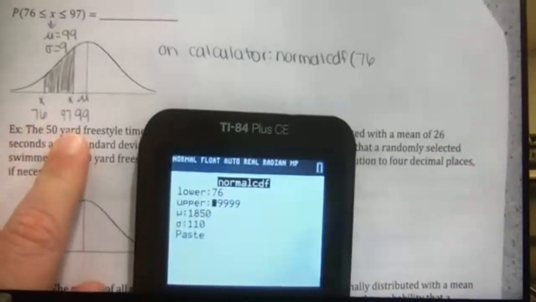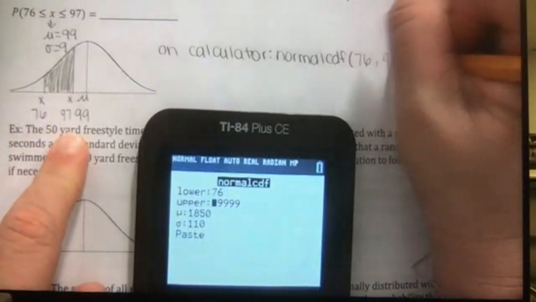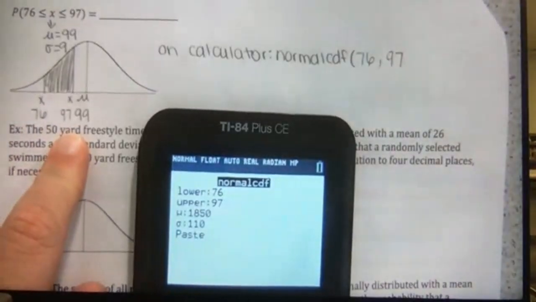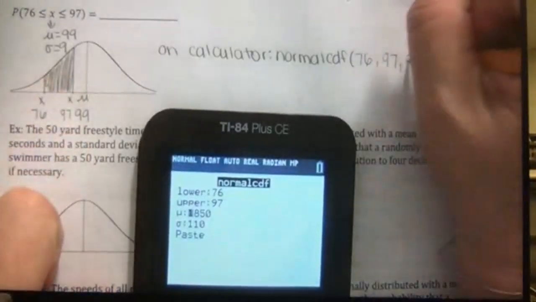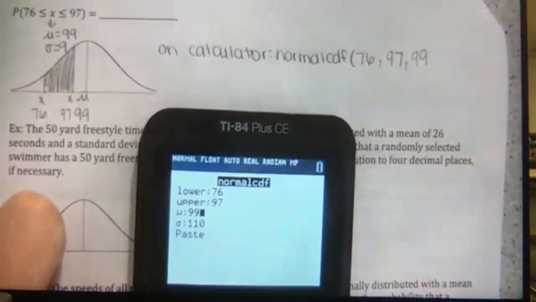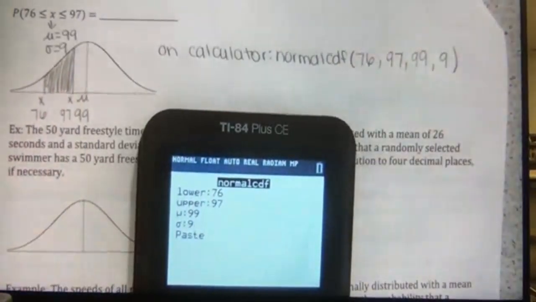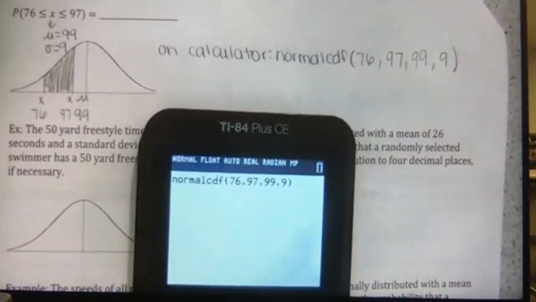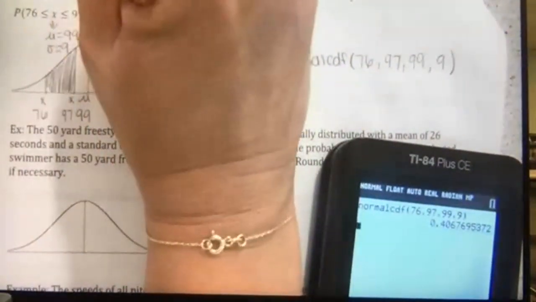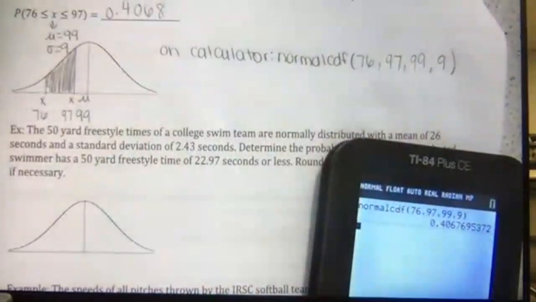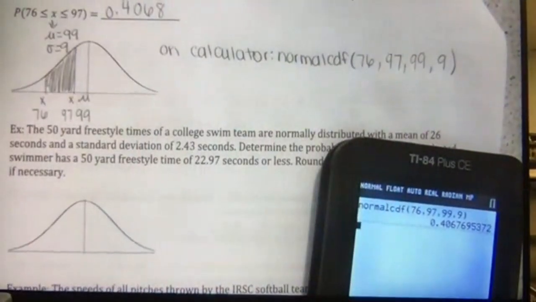Our upper limit, looking at the right-hand side of our shaded area, would be 97. Our mean, they told us in the problem, is 99. And our standard deviation, they told us in the problem, is 9. So nothing's new. Our calculator does all of the hard work for us, thankfully. Boom, there's our answer. 0.40676, which will round up to 0.4068.